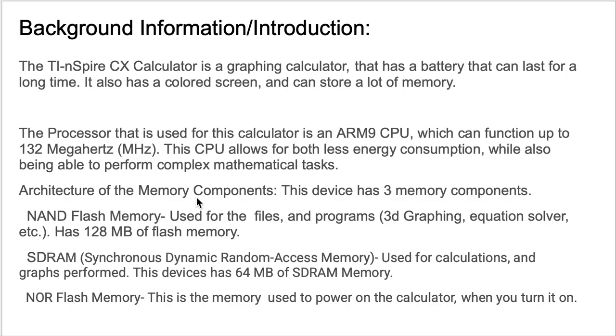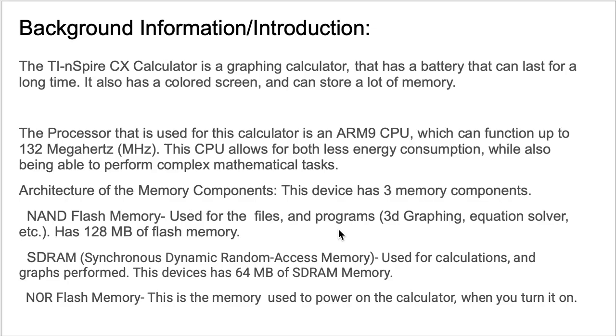Now we'll discuss the architecture of the memory components. So I'll discuss the memory that's used for this calculator. The device has 3 memory components. First is the NAND flash memory. This is the memory that's used for files and different programs. Programs would be things like, as discussed before, the 3D graphing software, and an equation solver.